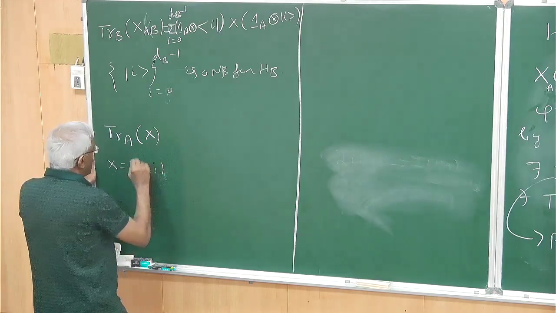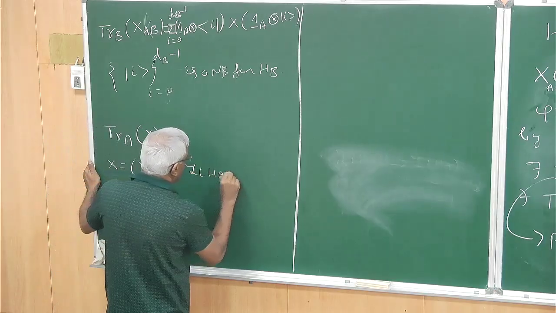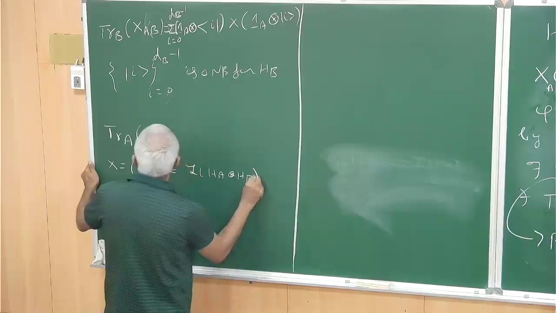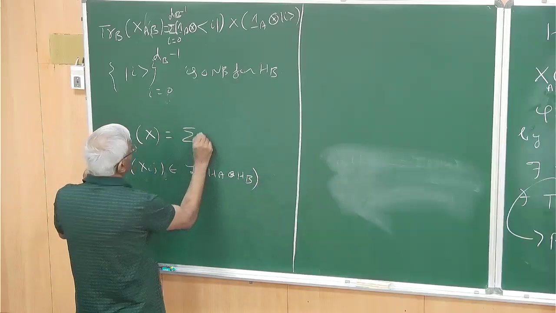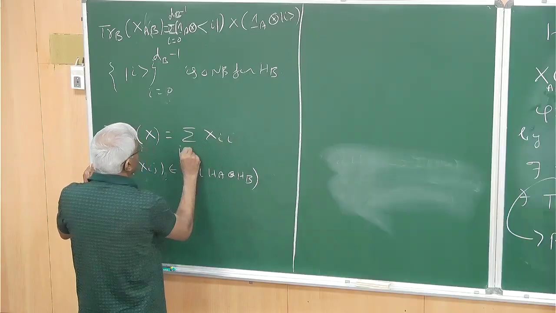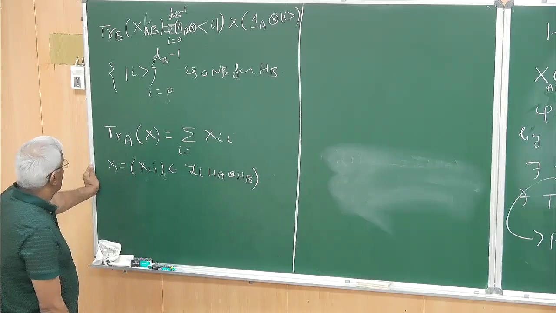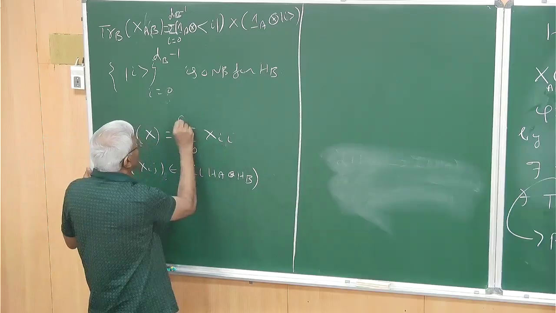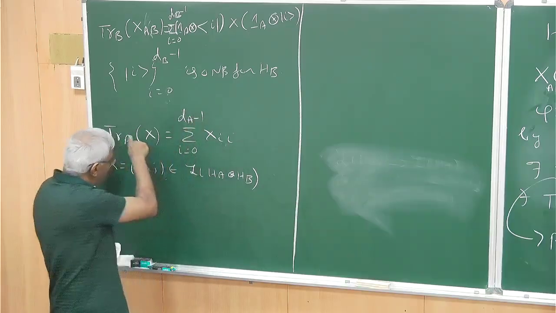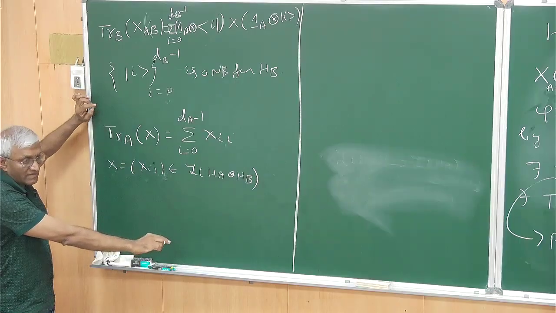Trace A of x, where x is in L of H_A tensor H_B. Then the trace of x is equal to, if x is like that, the summation over x_ii, I equal to 0 to dA minus 1. It's only the diagonal entries, which are matrices.